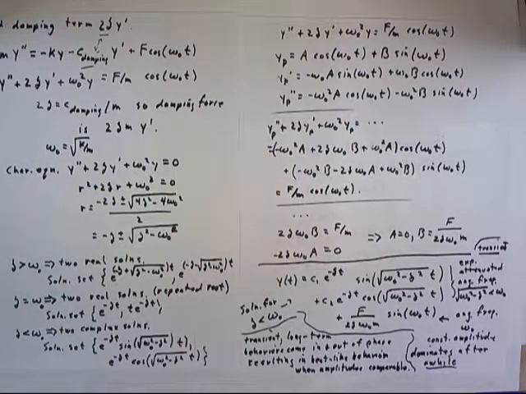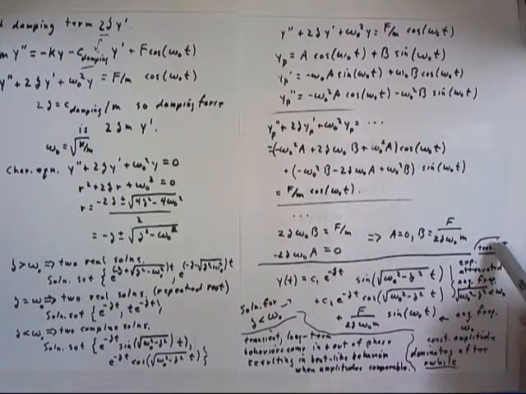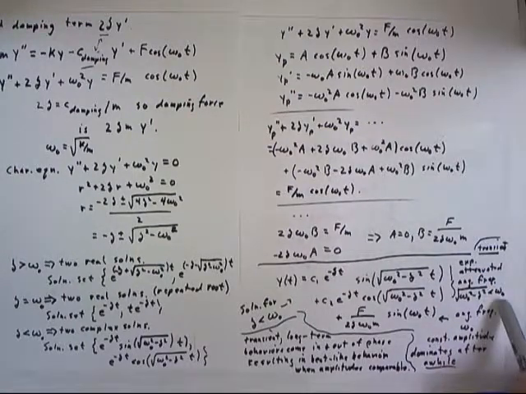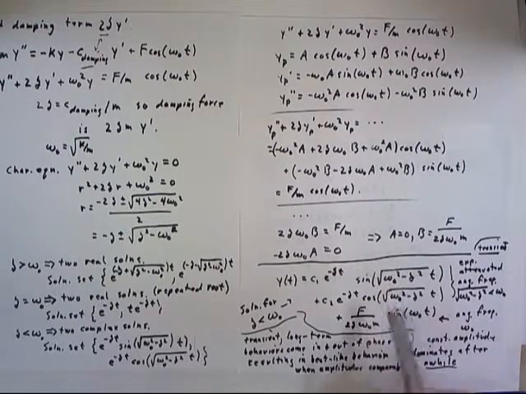Now, you can probably get through this course without completely understanding that, although you never know what's going to occur on a test. But if you really want to understand the behavior of systems and how differential equations illuminate the behaviors that we see in the real world, you might want to think about that. Again, I'm reading this to you because you might not be able to read it, it's kind of small. Here's the transient. It's exponentially attenuated. It's got an angular frequency that's less than that of omega naught, obviously. And we have the long-term solution.